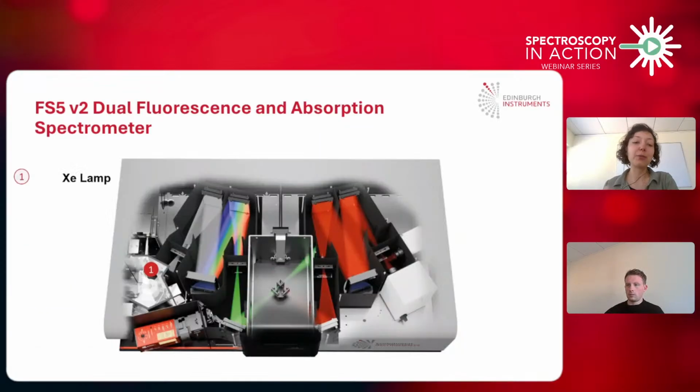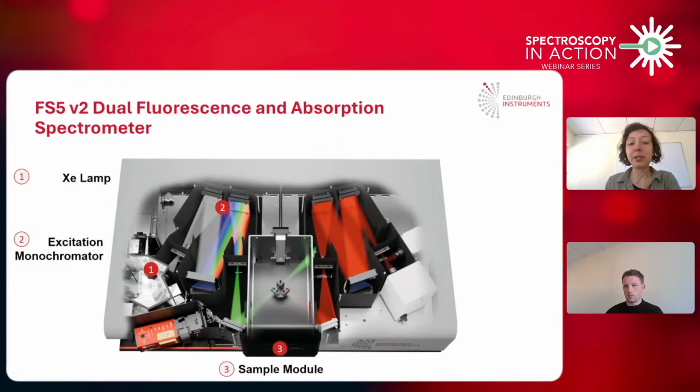Just a quick tour of what's inside the FS5 and what the main options are. It features a xenon lamp for excitation. This gives you a continuous white spectrum from the UV up to near infrared. You select the excitation wavelength using the excitation monochromator, and it then reaches the sample module here, which is exchangeable.